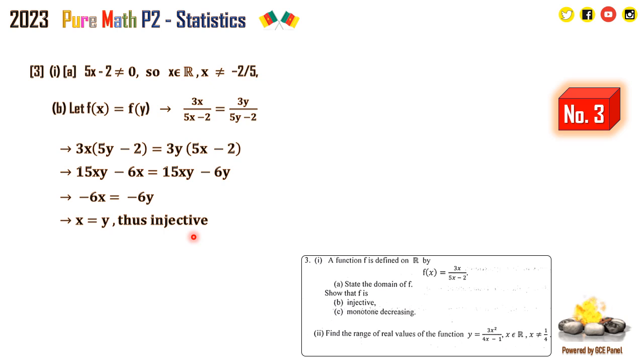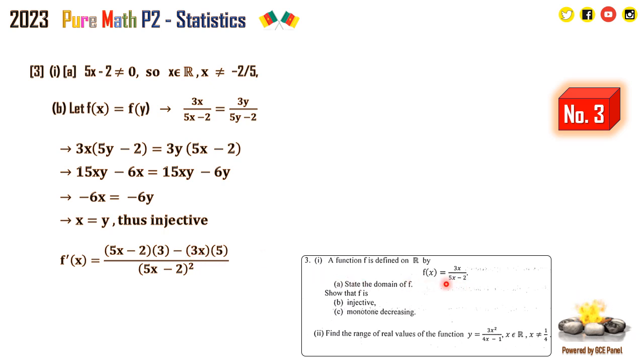Now they want us to show that f is monotone decreasing. For you to show that the function is decreasing, just find f prime of that function, that's the derivative, and show that the derivative is always negative. If they give an interval, you can show that it's negative on that interval. That's the gradient function. So here we find f prime of x. That's for the C part. Since this is a quotient function, f prime of x equals: keep the bottom constant, that is 5x minus 2, times the derivative of the top, which is 3, minus the top, 3x, times the derivative of the bottom.